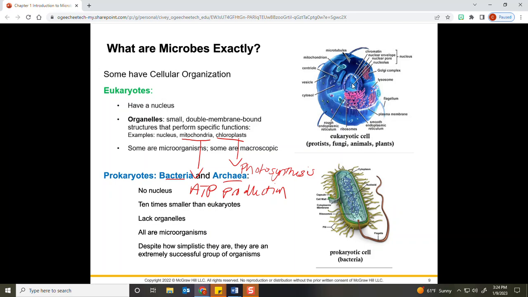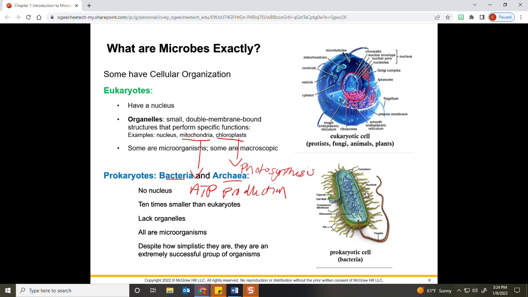So if we compare this illustration of a eukaryotic cell to this one, which is a prokaryotic cell, could be bacteria or archaea, we do not see the nucleus in this cell because there isn't one. The nucleus in the eukaryotic cell is here. It's a membrane-bound organelle. Almost think of this like a bubble inside of the bigger bubble, which is the cell membrane.